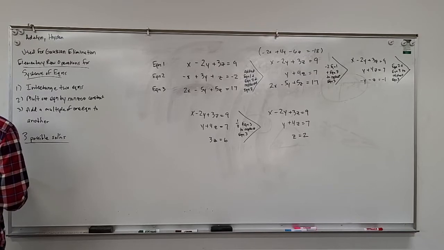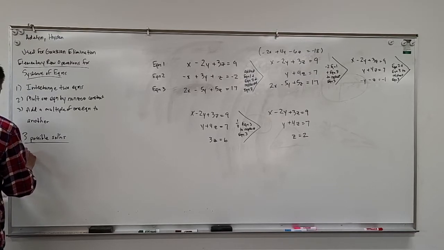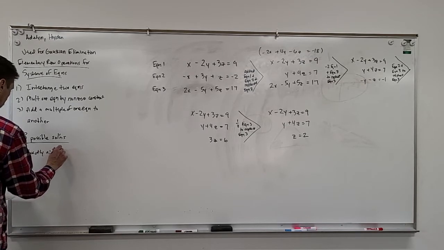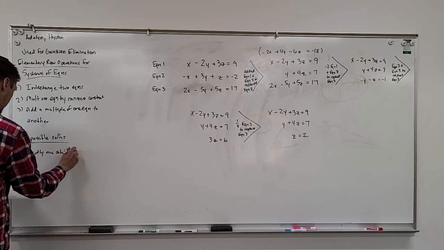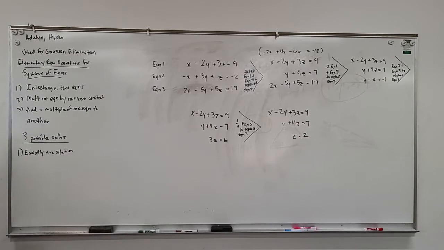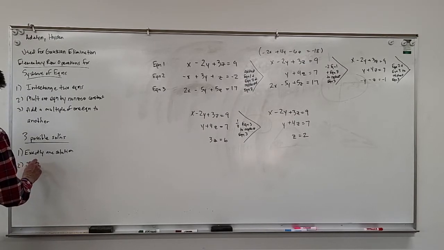Number 1, there could be exactly 1 solution. Does anybody remember what we called that? I gave you a term that you could use. Let me write the second one down. The second one is infinitely many solutions.